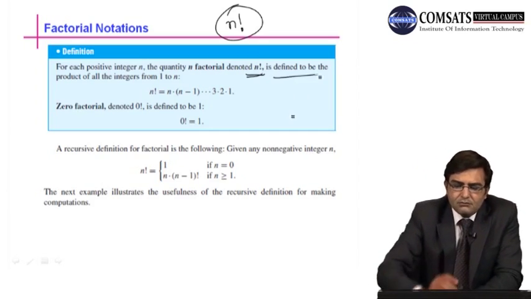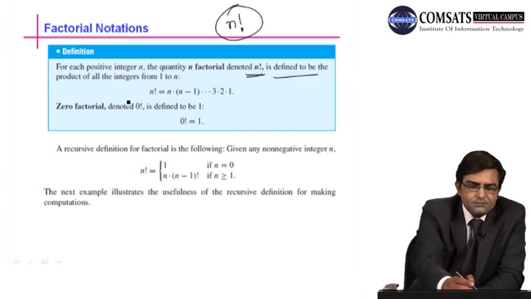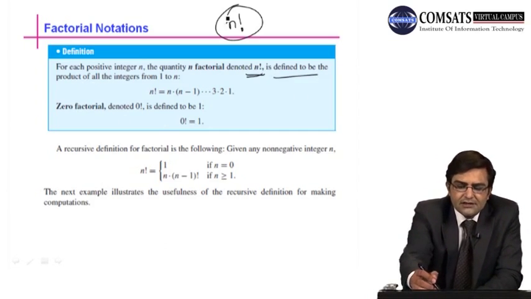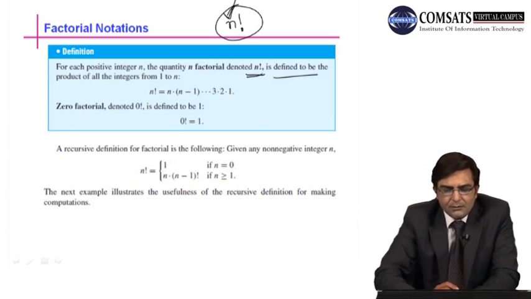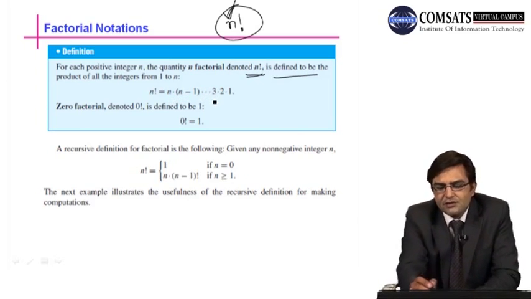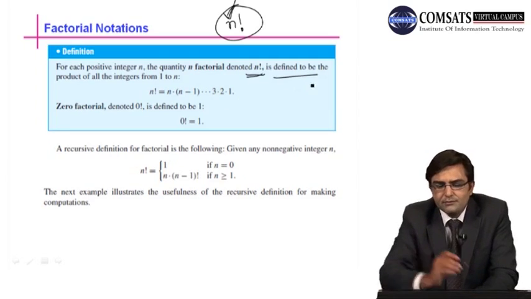This number is basically defined to be the product of all integers from 1 to this number. It means n factorial is equal to n into n minus 1 into n minus 2 into n minus 3 and so on up to 3 into 2 into 1.